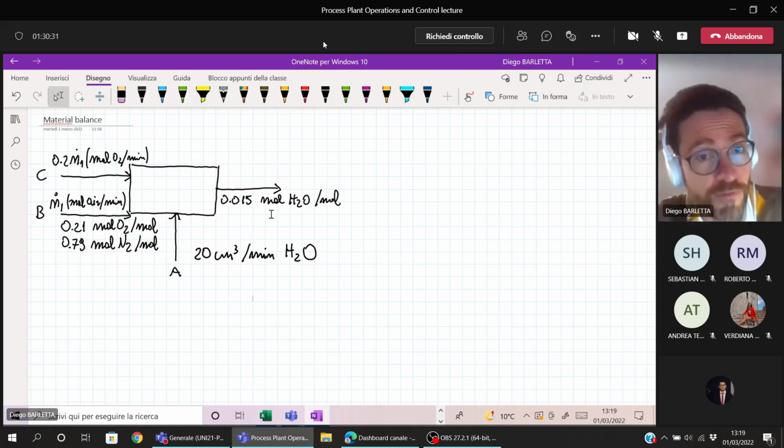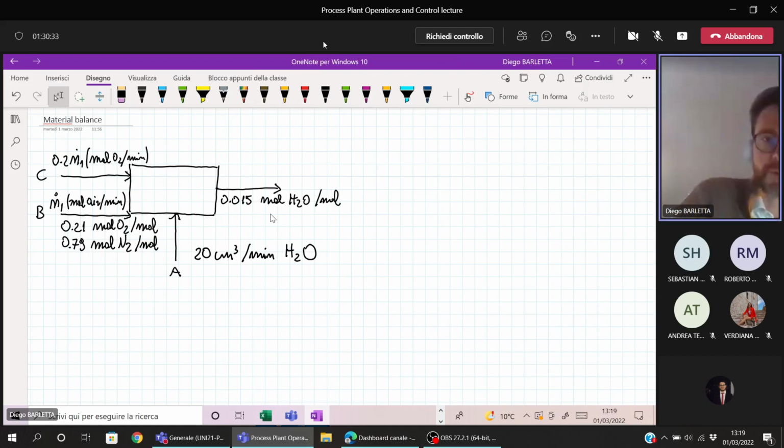It is my choice which variable I want to use. For example, I could set Y, because this is a gas, as the mole of oxygen divided by mole. So it's the molar fraction of oxygen.